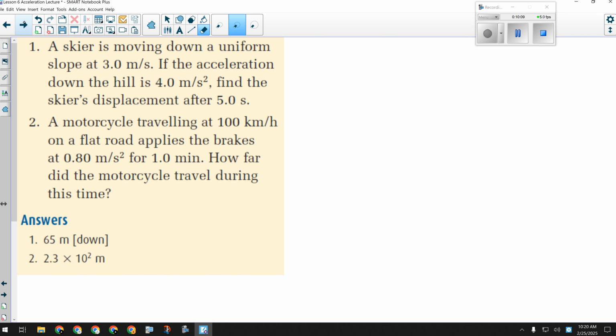I want you to try 1 and 2 there. They both use that formula. So read them carefully, write down your givens. Let's look at the first one here, guys. A skier is moving down a uniform slope at 3 meters per second. That feels like that's VI because that's how the thing starts.